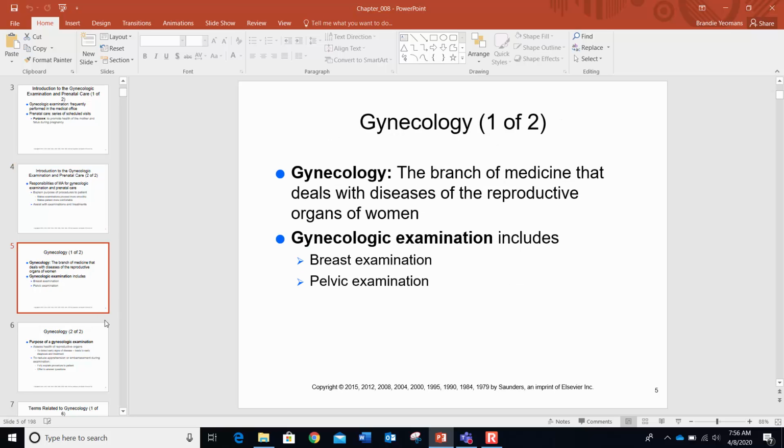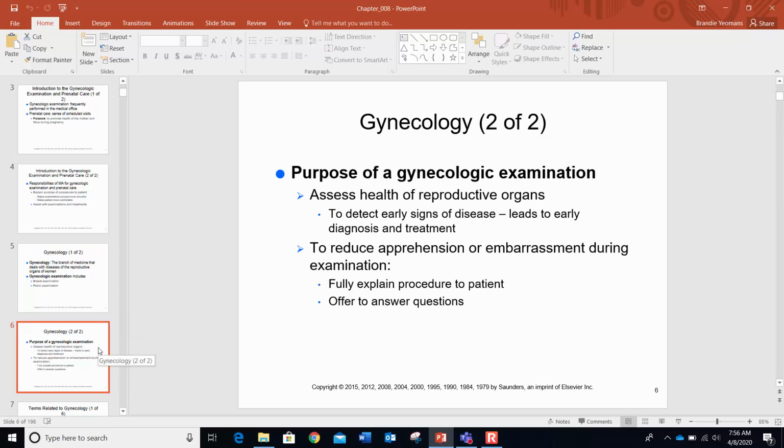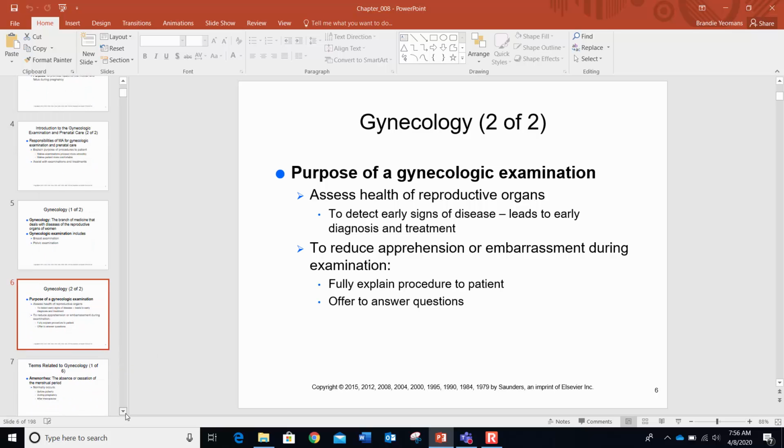So what is the difference between gynecology and obstetrics? Gynecology is that branch of medicine that's really just dealing with the reproductive organs of women. So that's the breast and the pelvic exam. That's the part of the exam for gynecology. So why do we do this? We're trying to be proactive always and forever.